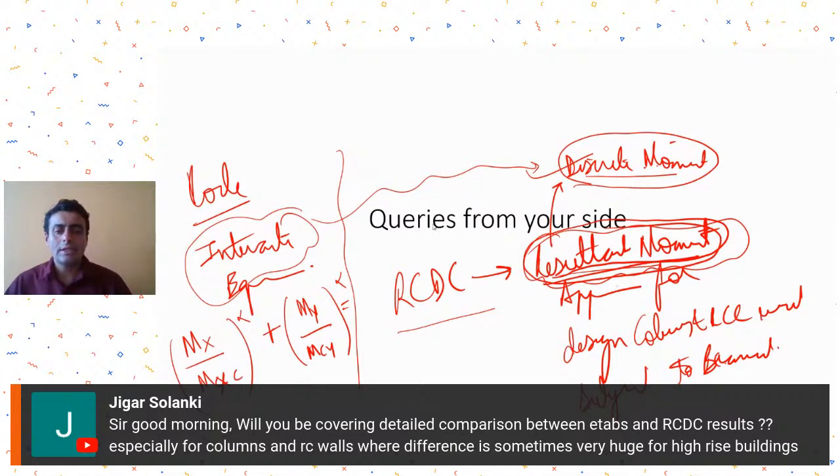But in RCDC there is an option to change that to the discrete moment method, which is the same as being followed in code and ETABS. So when you change the setting to discrete moment method, your values will start matching. I hope that answers.